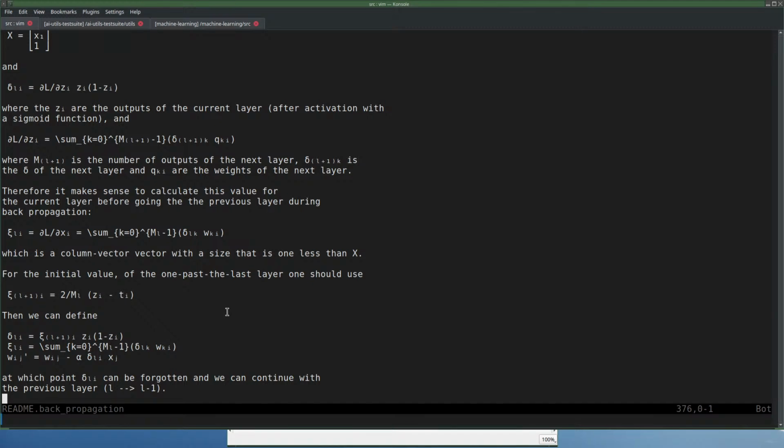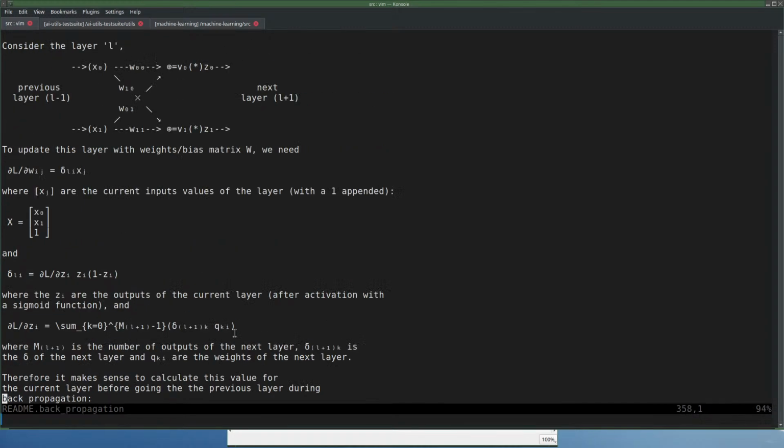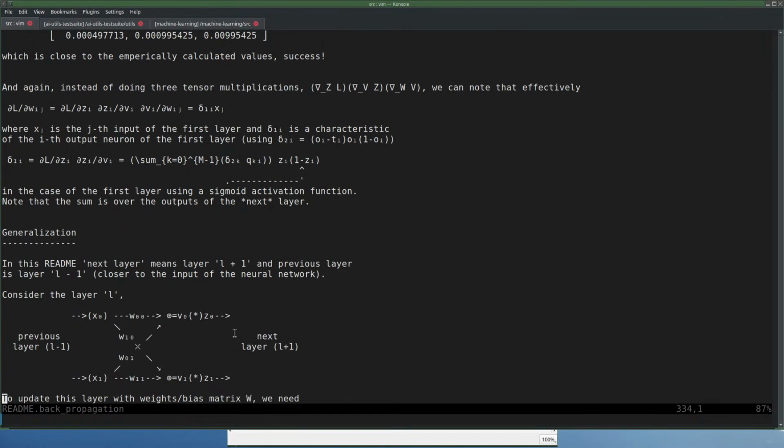But yeah, maybe I went too fast here. Instead of doing 3-tensor multiplications, we can note that effectively this is equal to delta 1i times xj, where xj is the jth output of the first layer, and delta 1i is a characteristic of the ith output neuron of the first layer.